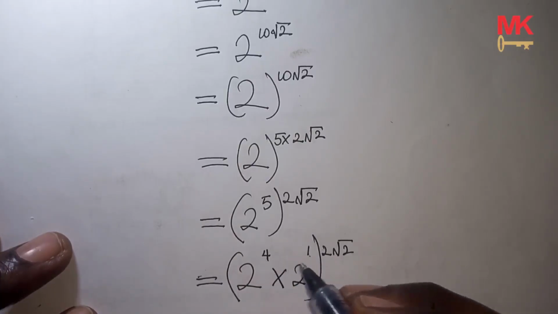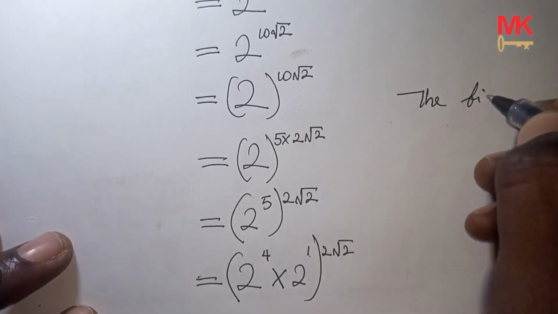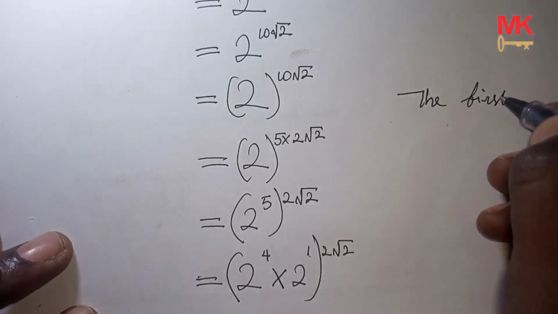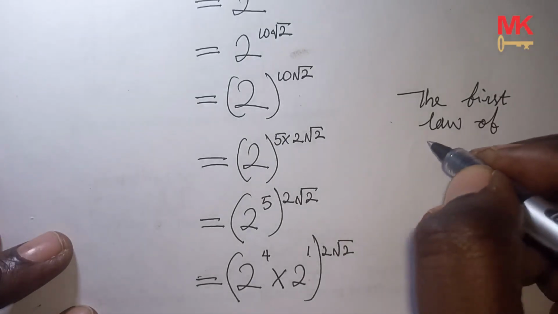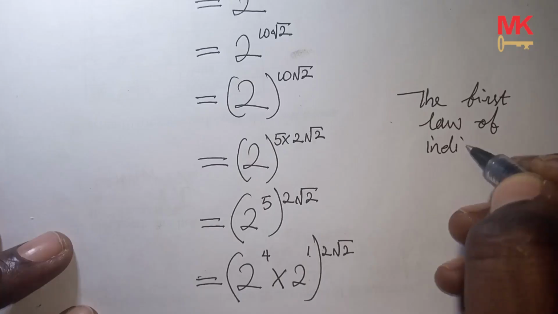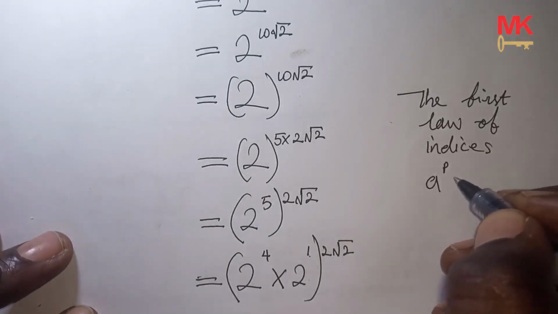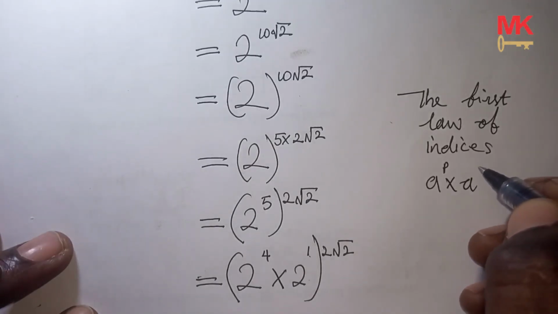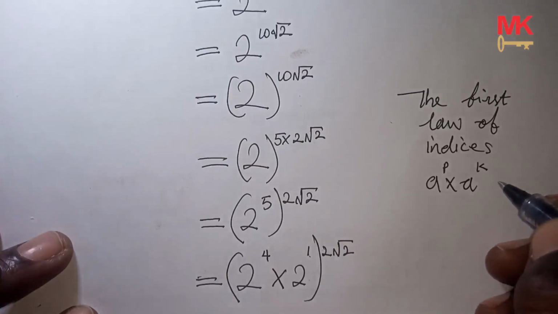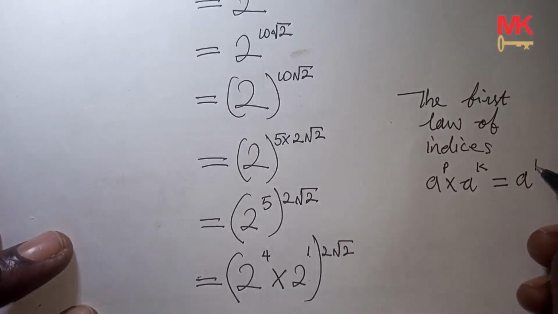What we did here is the first law of indices, which says, for example, a raised to power p times a raised to power k equals a raised to power p plus k.